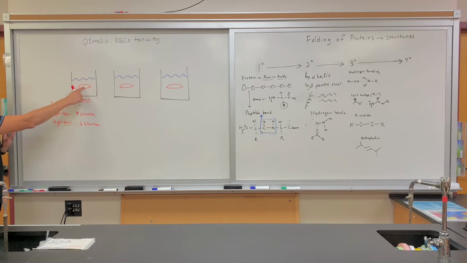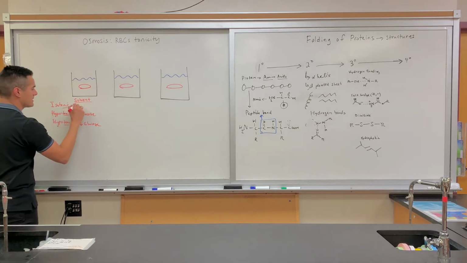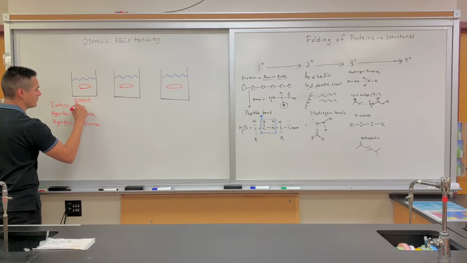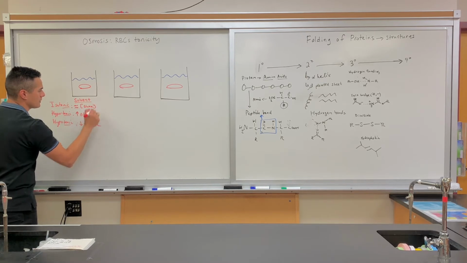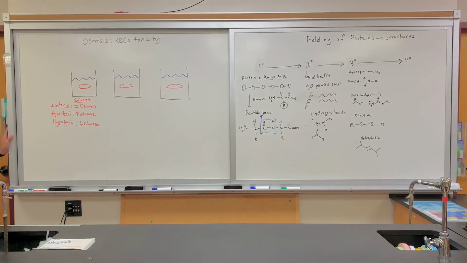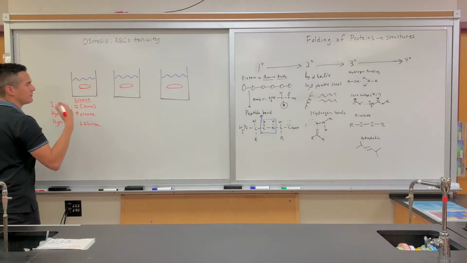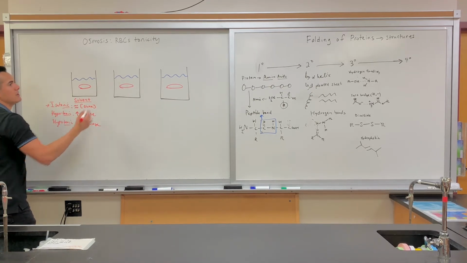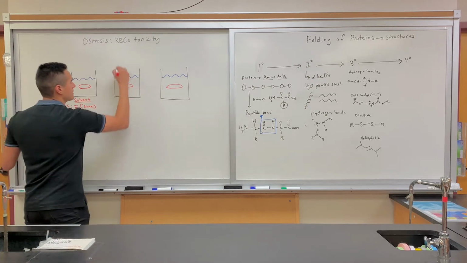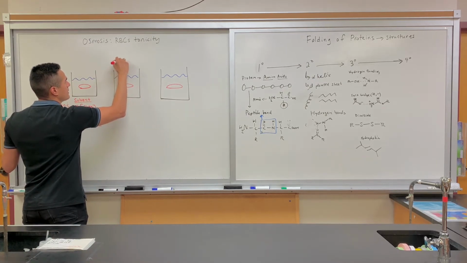So we have hypertonic, hypotonic, and isotonic. Isotonic means that there are roughly equal glucose concentrations. All right, so let's talk about the first one, an isotonic one. This is the easiest one. So we have our red blood cells here, so I'm going to write isotonic here.